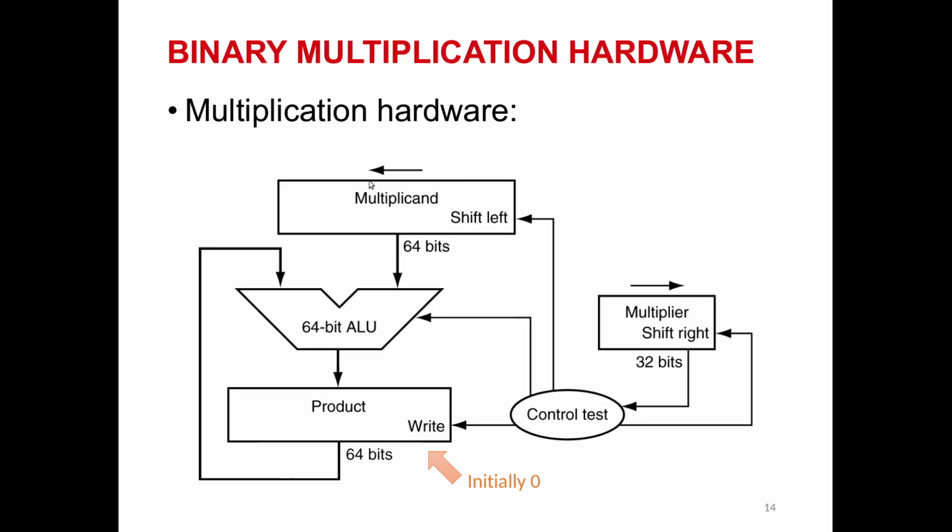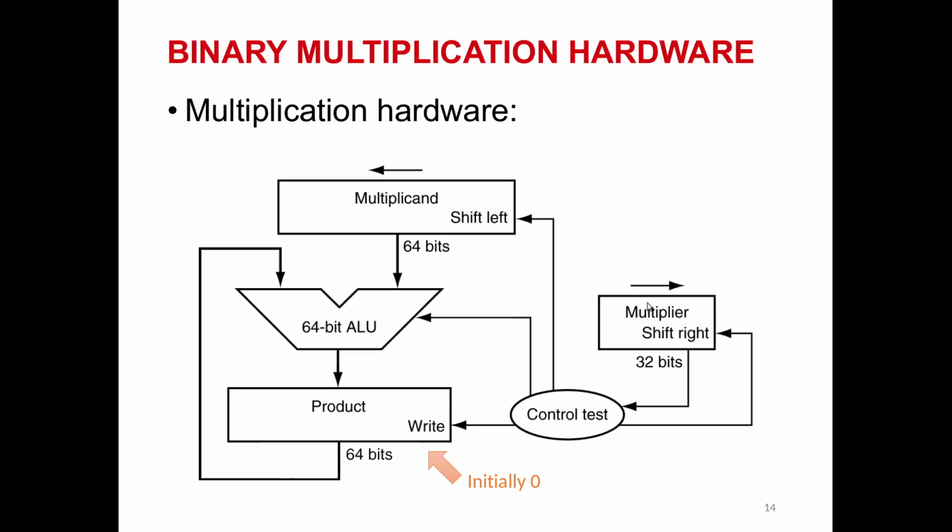You know that at every step we will need to shift our multiplicand 1 bit to the left, and then we add together with product here. Come back to the ALU, so the multiplicand will be added together with the value of product.